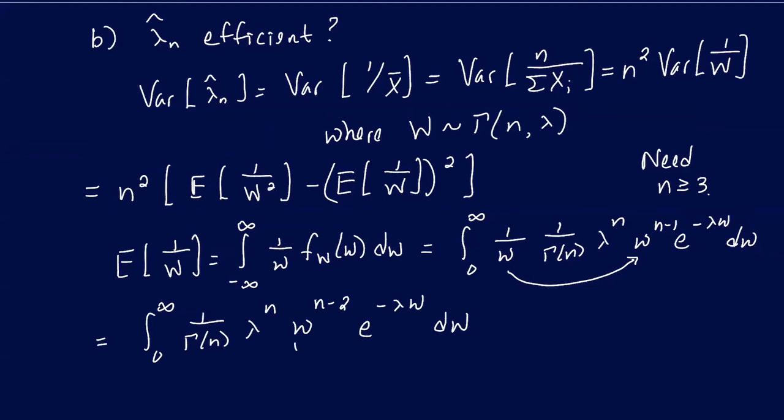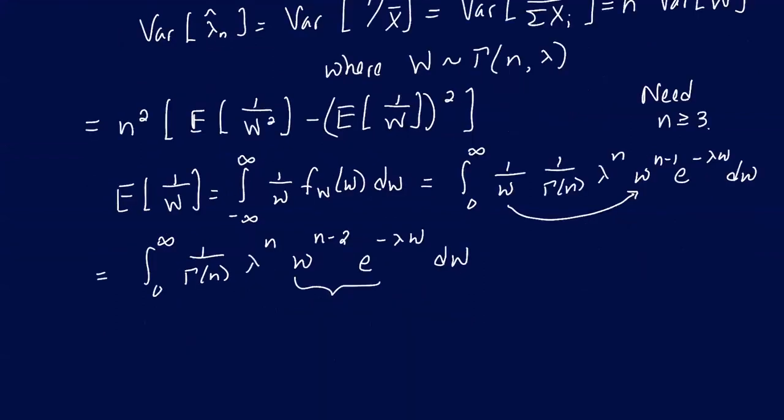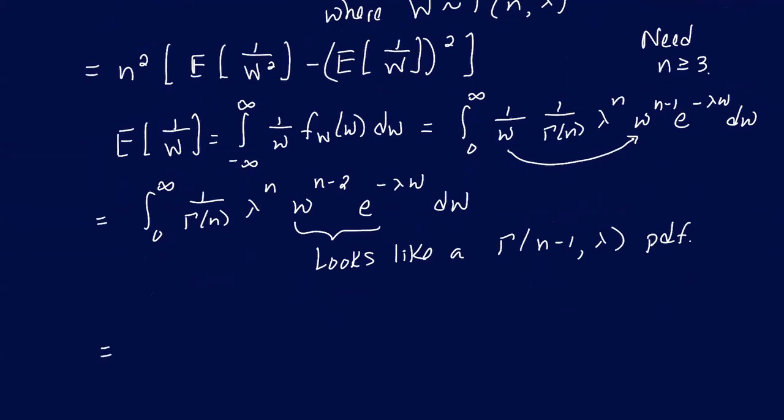So looking at just the variable part of this integrand, this appears to be like a gamma n minus 1 lambda PDF. Now it's not quite that because I don't have the right constants, and to make it look like a gamma n minus 1 lambda PDF, I am going to need to have this 1 over gamma of n be 1 over gamma n minus 1.